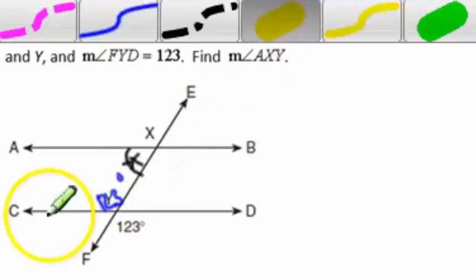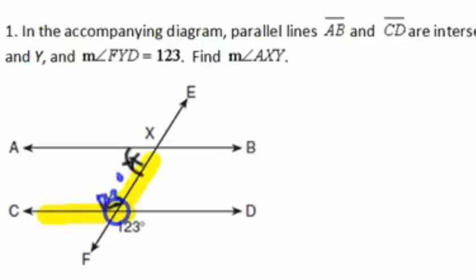I always like to show you that by highlighting something like this, a Z or a backward Z. And right over here, this 123 degrees is equal to this angle right over here. That would be angle FXB. So this is also 123.